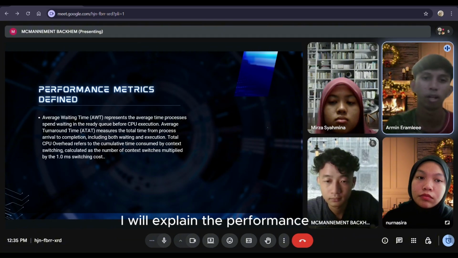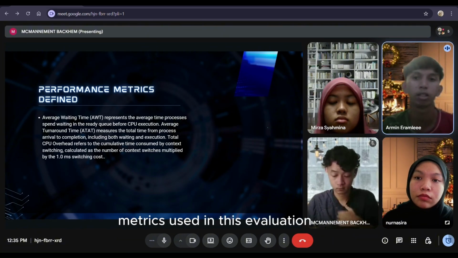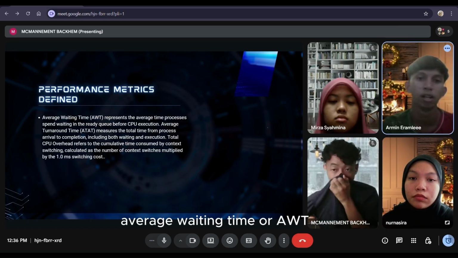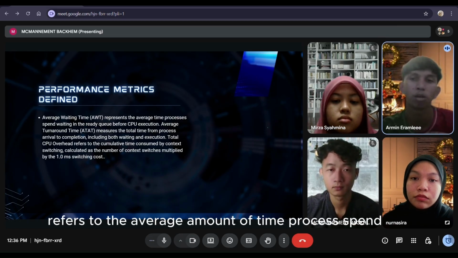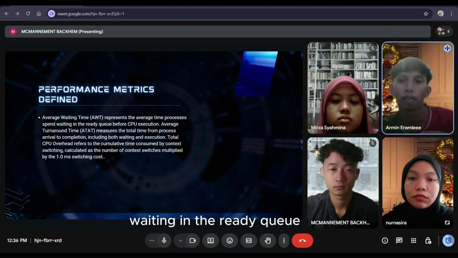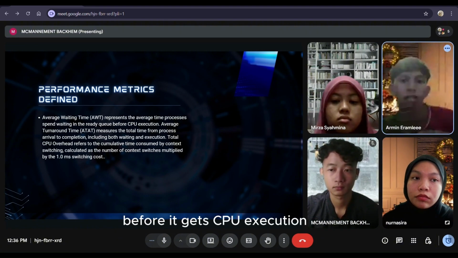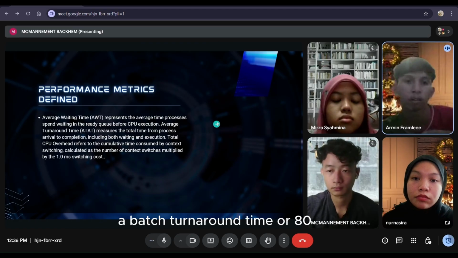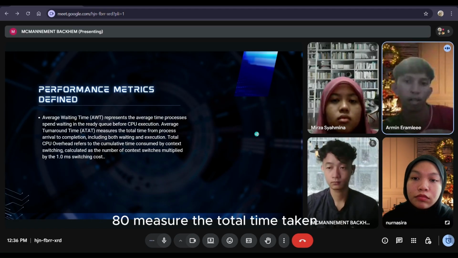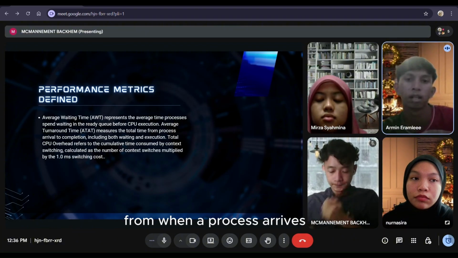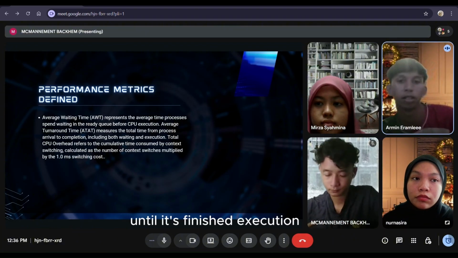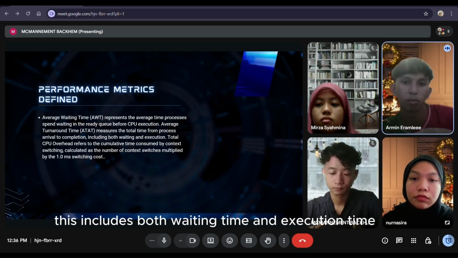So first, I will explain the performance metrics used in this evaluation. Average waiting time or AWT refers to the average amount of time a process spends waiting in the ready queue before it gets CPU execution. Average turnaround time, or ATAT, measures the total time taken from when a process arrives until it finishes execution. This includes both waiting time and execution time.